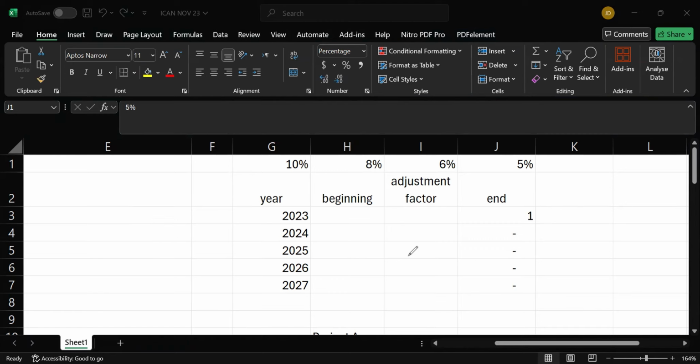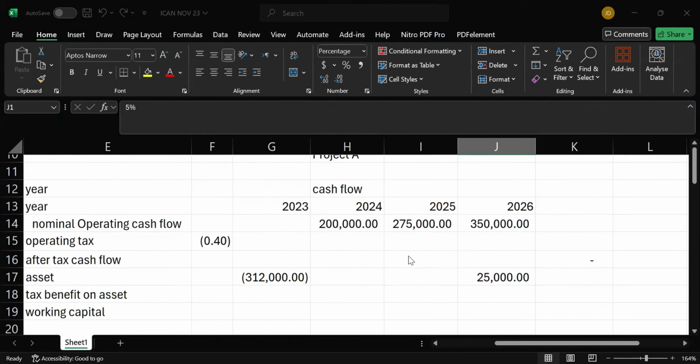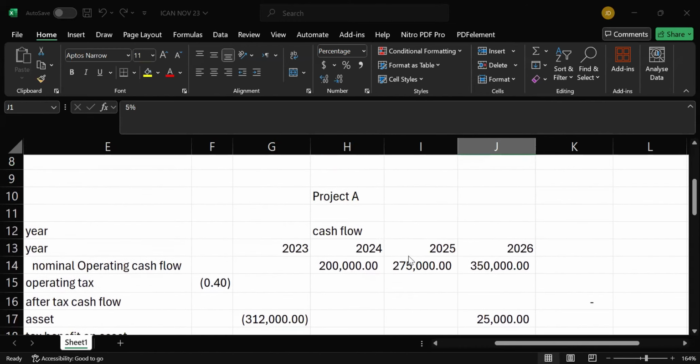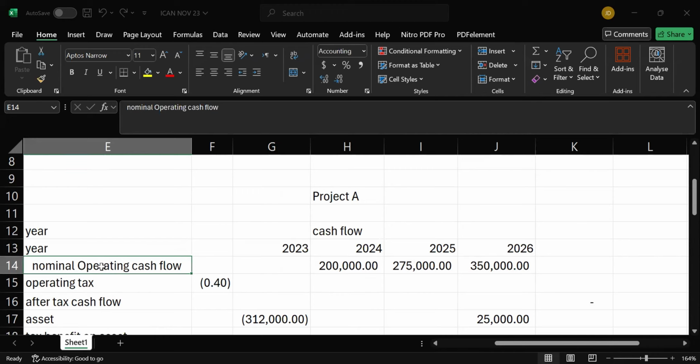So these are the cash flows that I've been given. Year one, which is 2024, 200,000, 2025, 275, 2026, 350. And these are nominal operating cash flows.